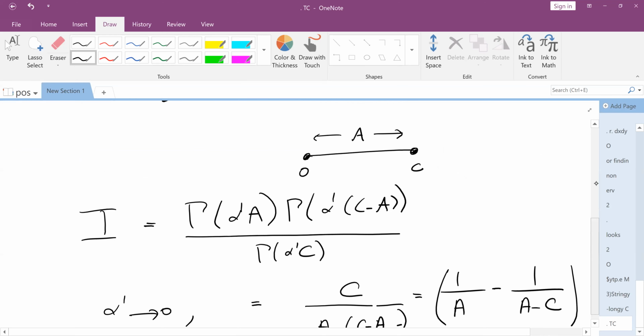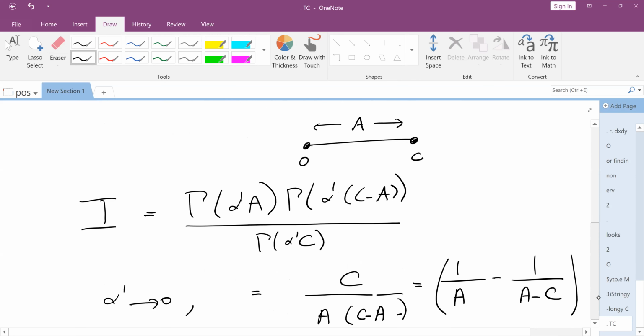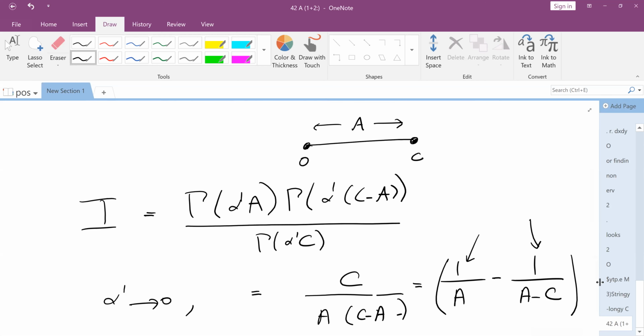Okay, so as expected, since it only converged when a was bigger than 0 and a is less than or equal to c, it's not surprising that it has a pole as a goes to 0 and a pole as a goes to c. And so that's our simplest example of this integral.